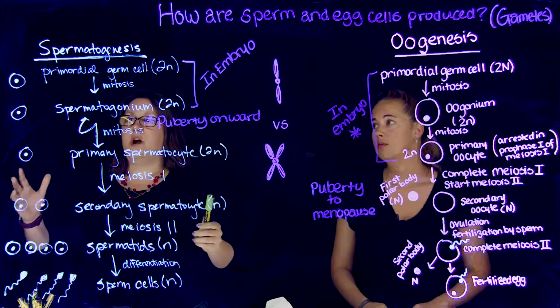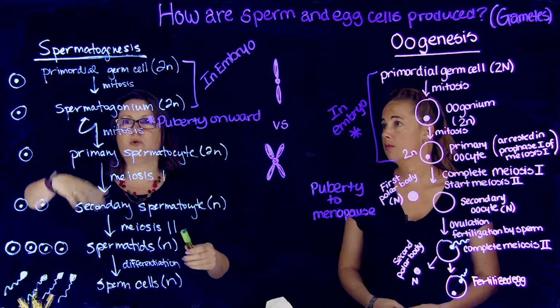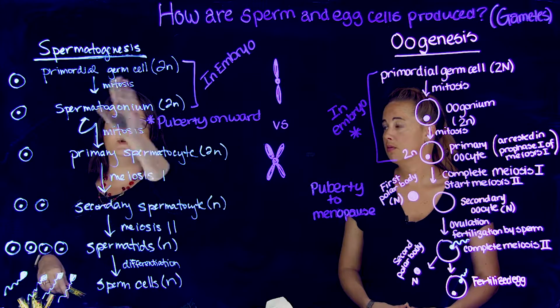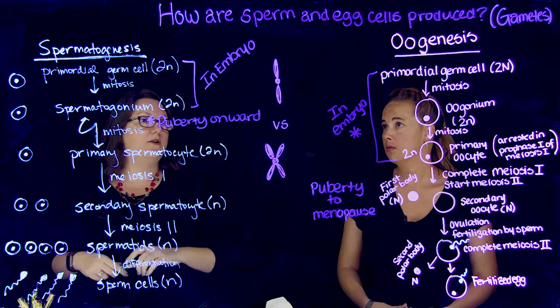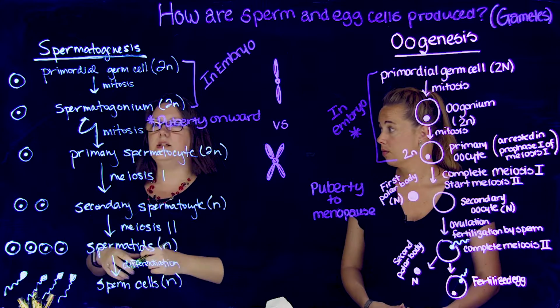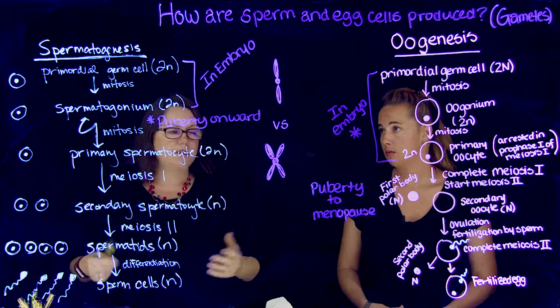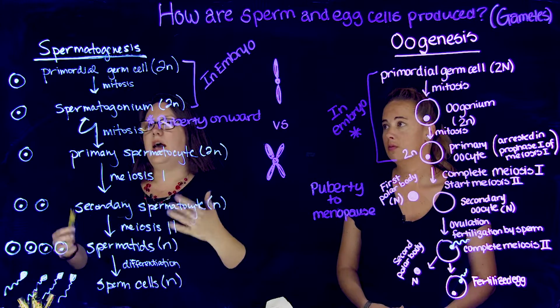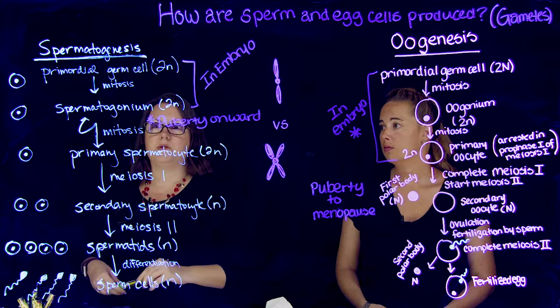If we think about the process of spermatogenesis, of forming sperm cells, we can trace all the way back to a population of primordial germ cells that are found in the embryo, very early in development. Those cells are diploid, 2N, 2 copies of each of our types of chromosomes. Those primordial germ cells go through cell division using mitosis.